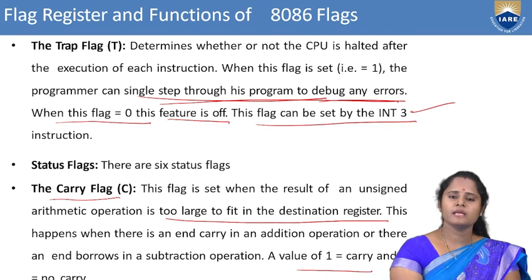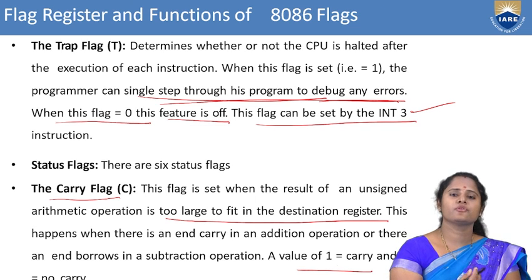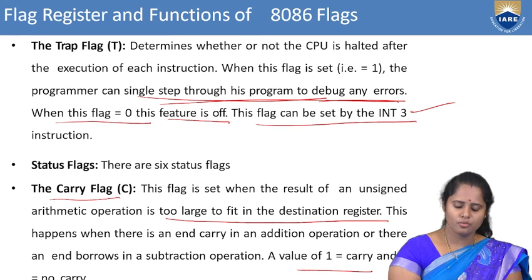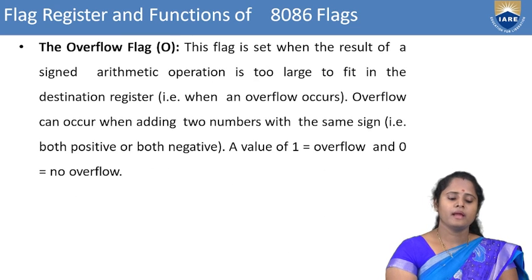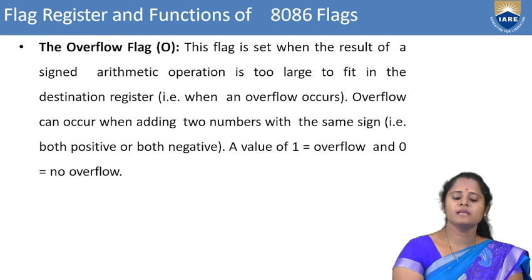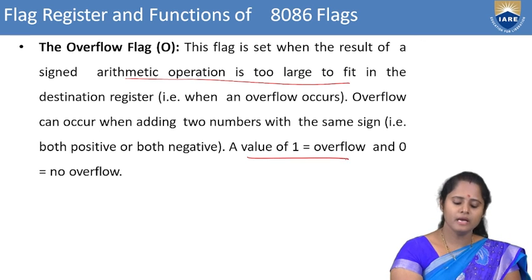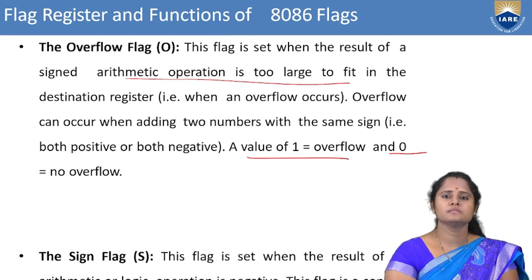If you are not getting any carry beyond the 16 bits, it will be equal to 0, that is, no carry. Next, the overflow flag. The overflow flag is set when signed operations are too large to fit the destination register. In that case, it will be equal to 1. Otherwise, it will be equal to 0.